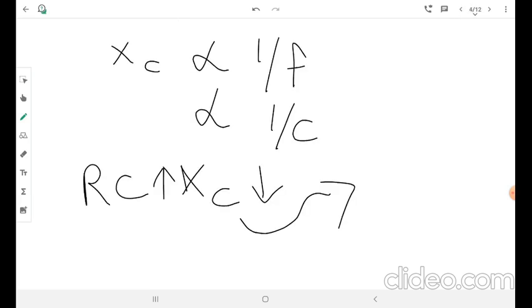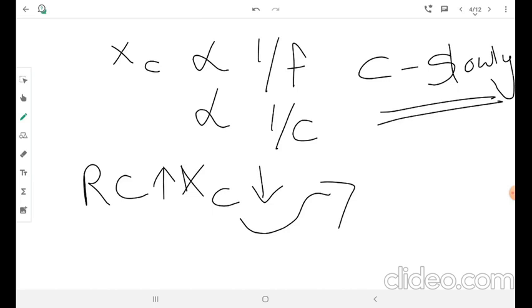Very less reactance means the capacitor charges and discharges slowly. If the capacitor charges and discharges slowly, then what will happen? Most of the voltage drop will be developed across this resistor. The voltage drop across the capacitor is almost zero.